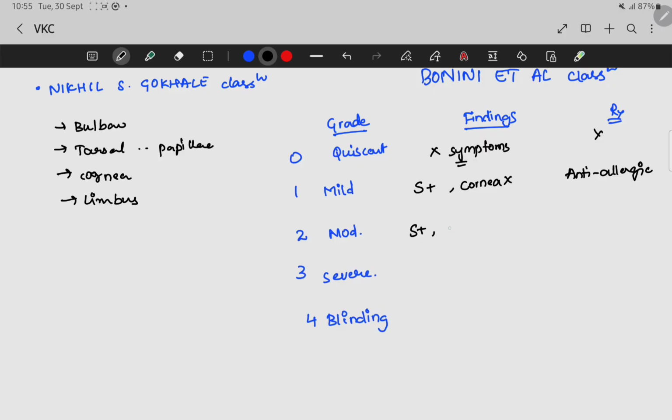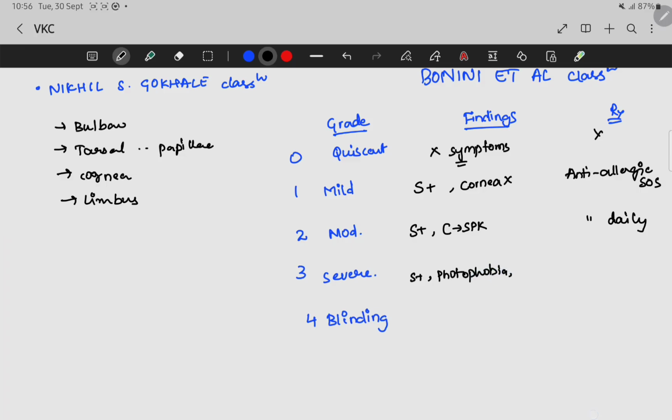So we can use antihistaminics and mast cell stabilizers. In moderate ones, there are symptoms along with moderate corneal SPKs, and these anti-allergic drugs are needed on a daily basis when there is an exacerbation of the symptoms.